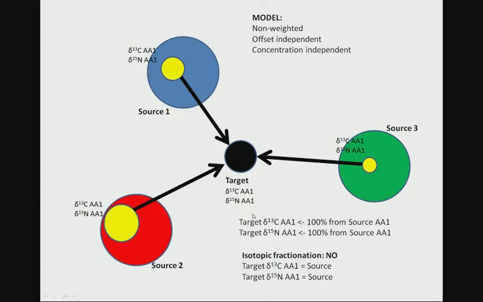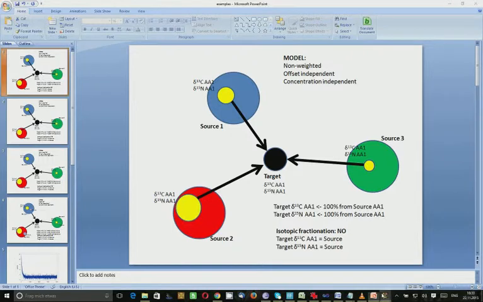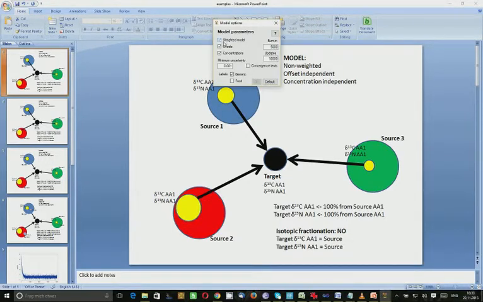So your target delta C13 amino acid 1 will be 100% determined from your source amino acid 1, and the same thing applies to your nitrogen, the delta N15 amino acid 1. It will be 100% determined from source A1. This is a non-weighted model. And in Fruits, the way to define this would be, let's go back to model options, by removing all of these ticks: non-weighted, offset independent, concentration independent.